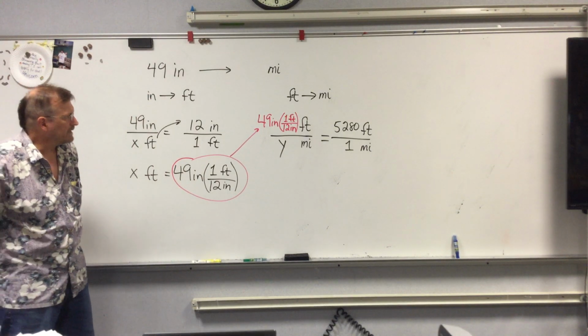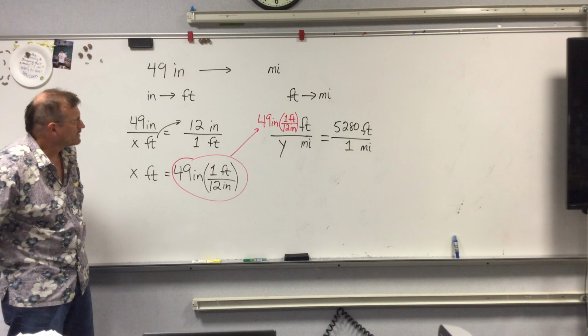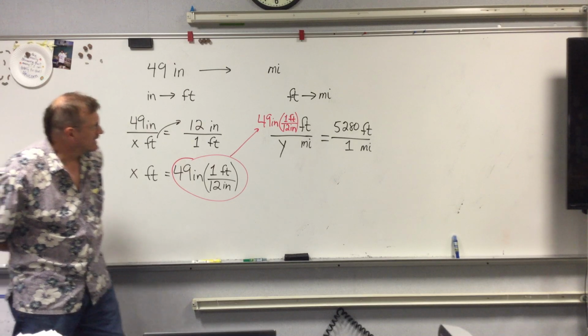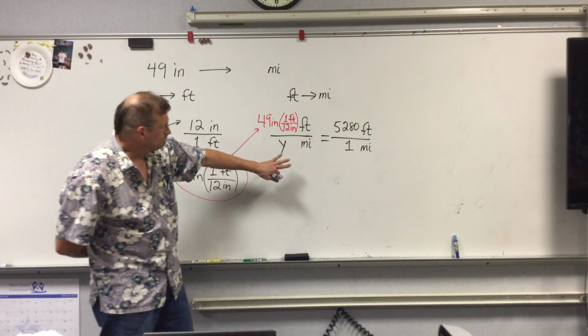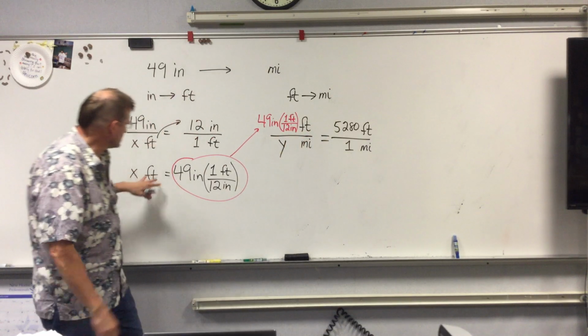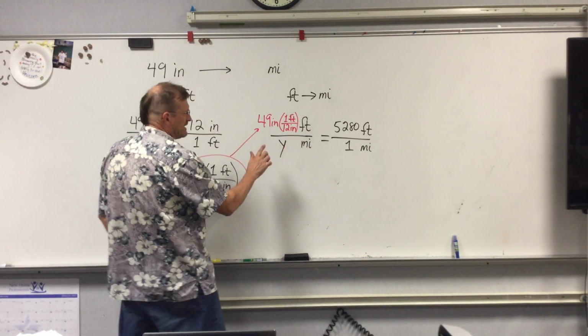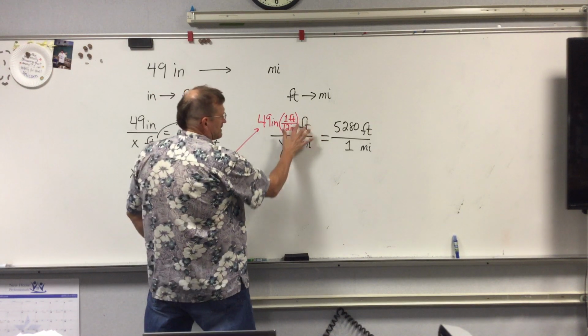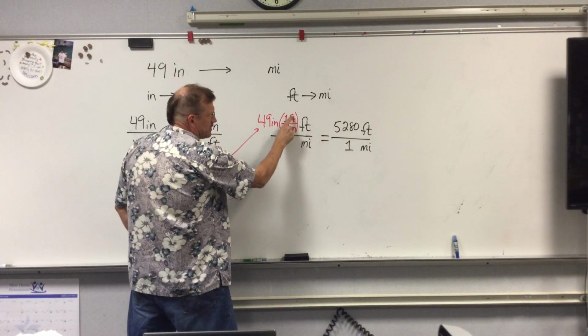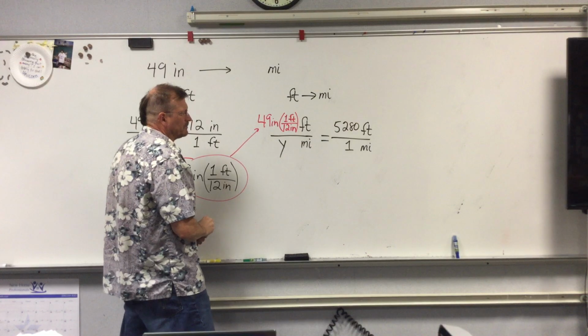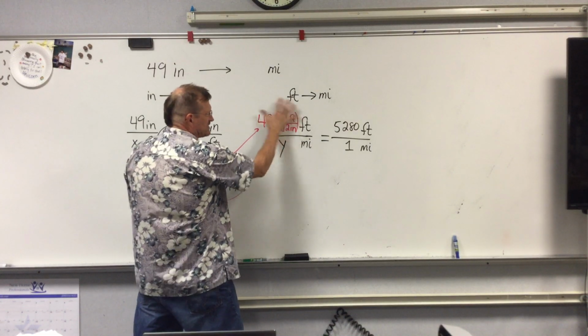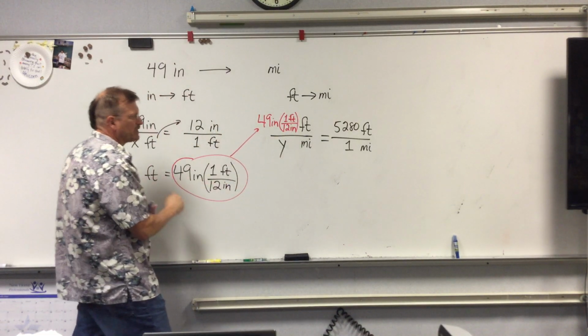Now, what I would like to do is I'm going to rearrange this just like I did here. And I do need to point something out here, that this foot and this one might be the same thing, because this answer here has already been expressed in feet.